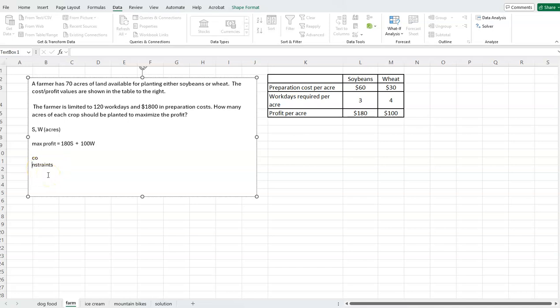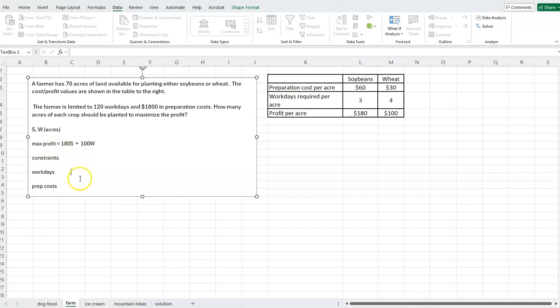So let's just come down here and let's label each of those. Okay, so work days, and then prep costs. And let's create a statement for each of those.